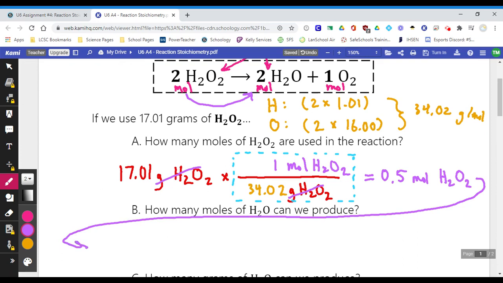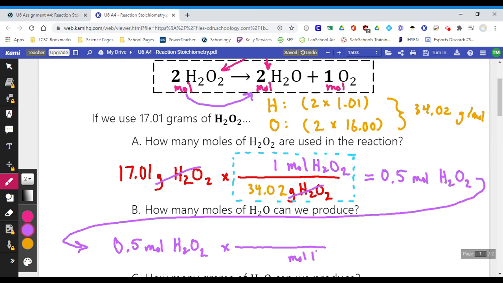Bring this down here. 0.5 moles of H2O2. I'm starting with this, and I want to cancel out that moles of H2O2, so that's going to go on the bottom of my fraction bar.